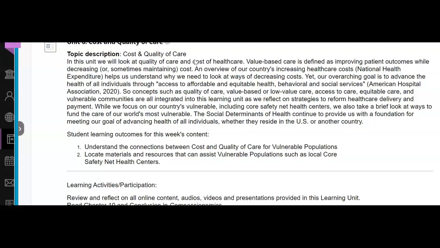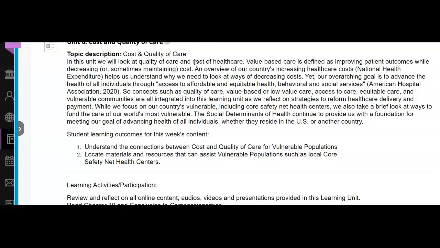We're going to look at the national health expenditure to help us understand why we need to look at ways of decreasing costs, along with the importance, as we care for vulnerable populations, of increasing accessibility to services in healthcare.